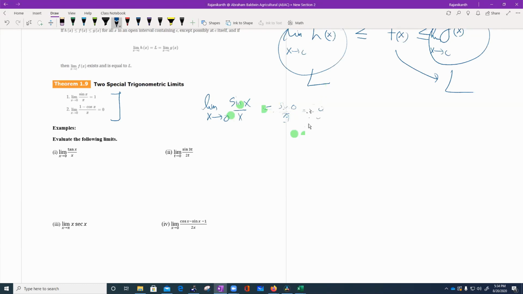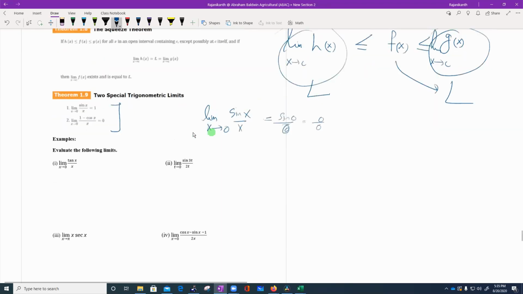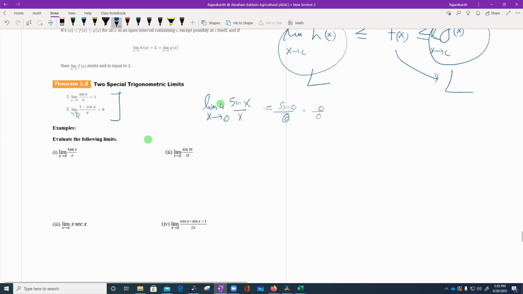Again, you are in trouble. You are getting an indeterminate form. Therefore, you cannot find the limit using the basic properties we have studied so far. For that reason, we use other ways to find the limit. Actually, we use the squeeze theorem, but the result says the limit of sine x over x is always 1.